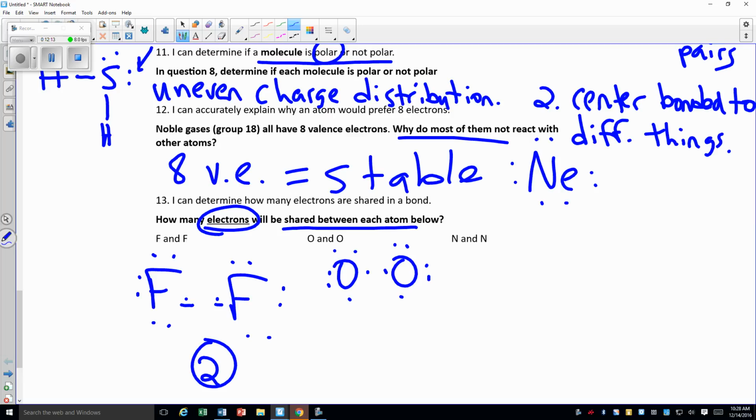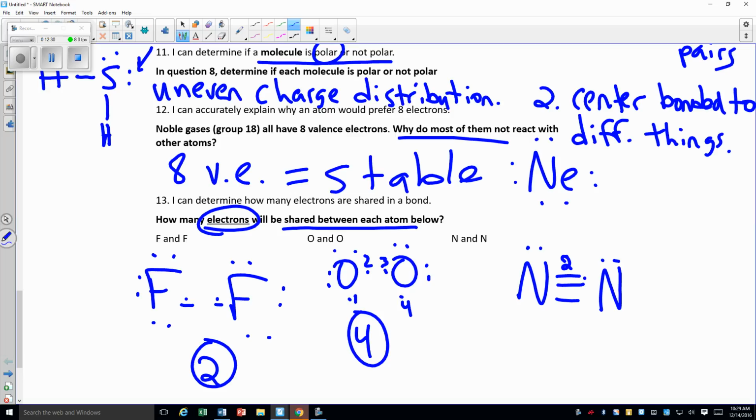This one has 1, 2, 3, 4. 4 electrons being shared. If you saw it as a bond and didn't think to draw the dot structures, each bond counts as 2. 2, 4, 6. 6 total shared.